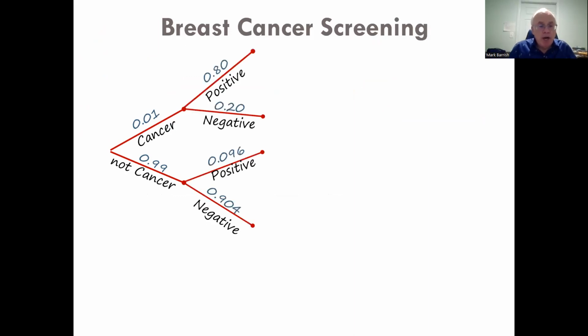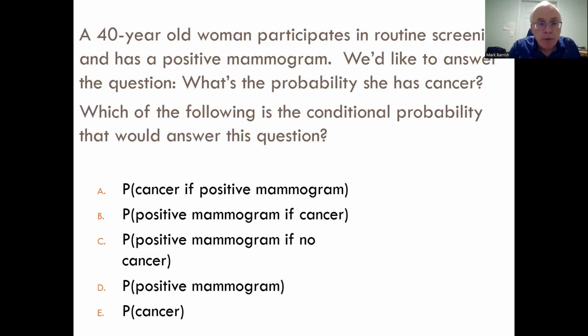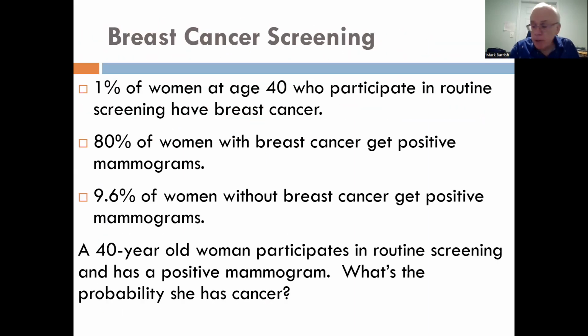Let's go back to the question before we do this. What type of information were we given? We know that 1% of those who participate in routine screening have breast cancer.